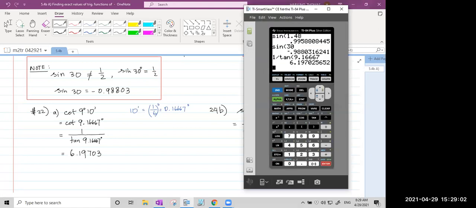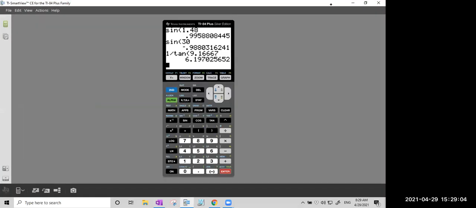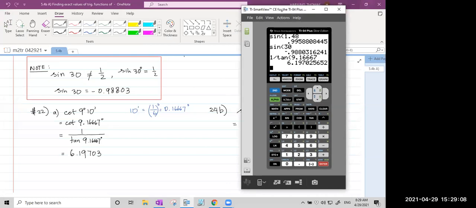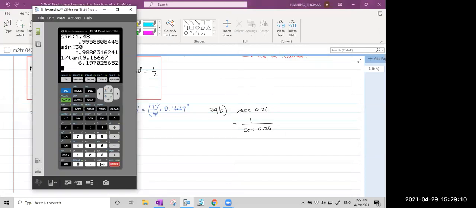It is in radian, so make sure you change the mode to radian. And 1/cosine 0.26 is 1.03478.